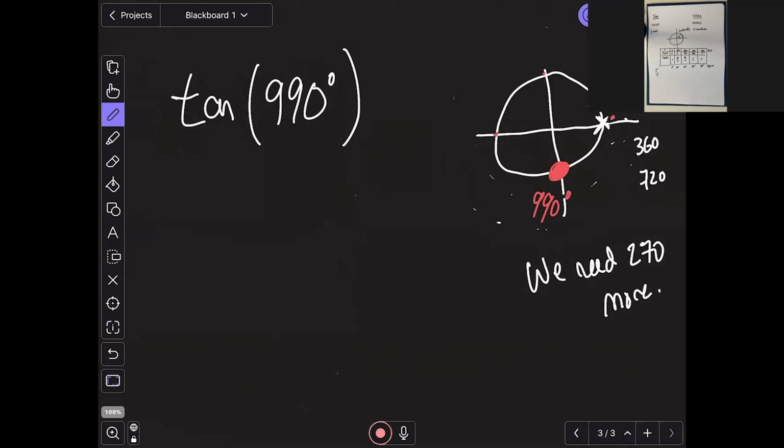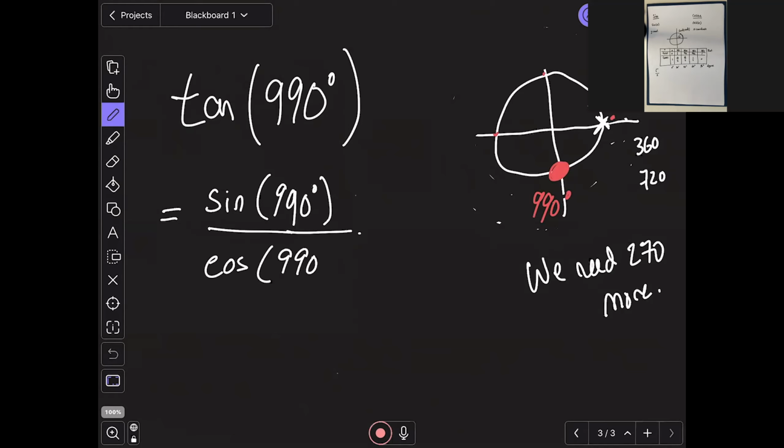So what happens? We would look at this and say tangent is really sine of 990 divided by cosine of 990. And these aren't in our table, right?